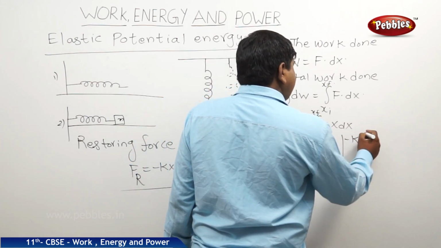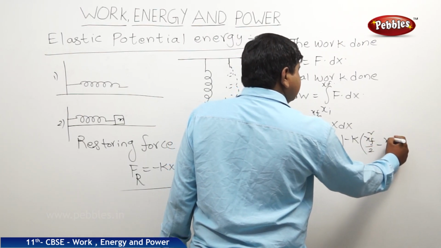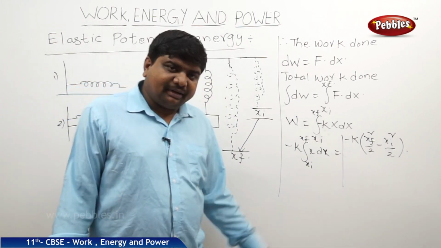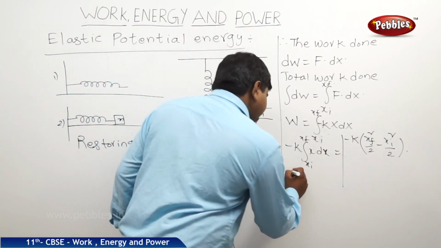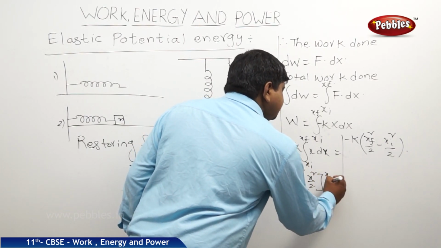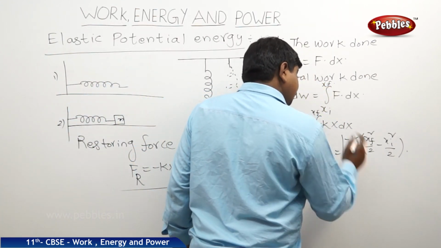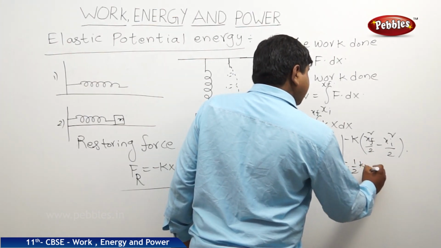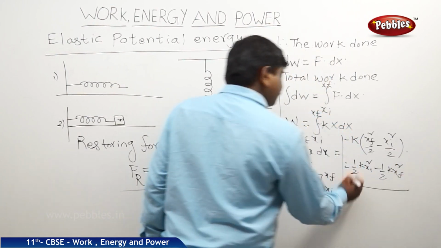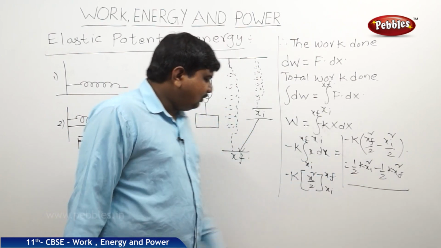Therefore, it is minus k into xf square by 2 minus xi square by 2, because integral x dx is x square by 2, under the limits xi to xf. So this will be half kxi square minus half kxf square. So the general expression is half kx square.